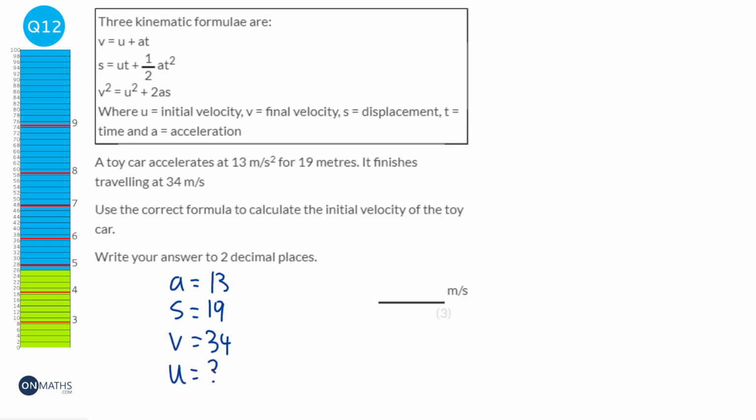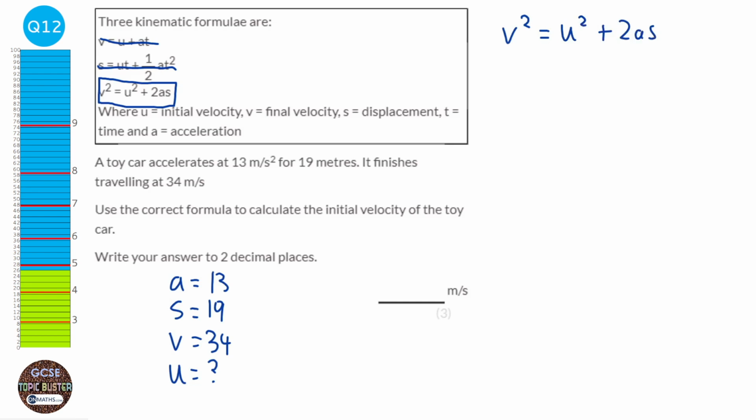So which of these formulae include A, S, V, and U? That's got a T in it, that's got a T in it, so it's going to be this one here. So let's write that out. V squared equals U squared plus 2AS. So that would be 34 squared equals U squared, because that's the one we're looking for, plus 2 times 13 times 19.